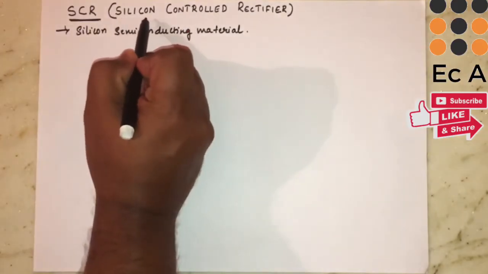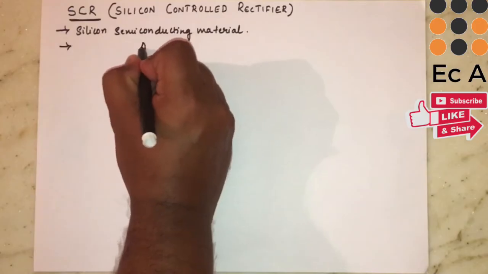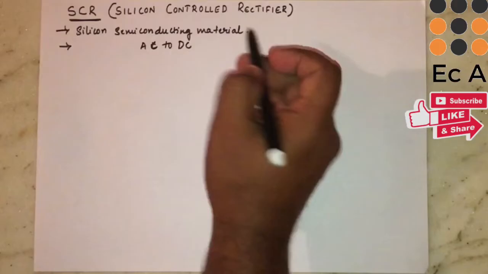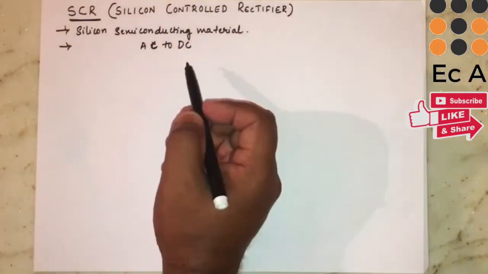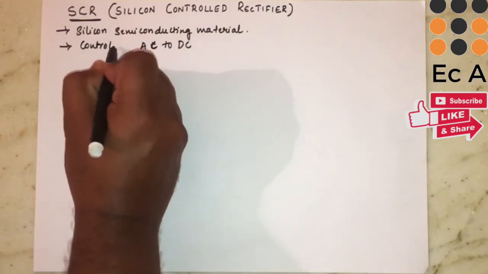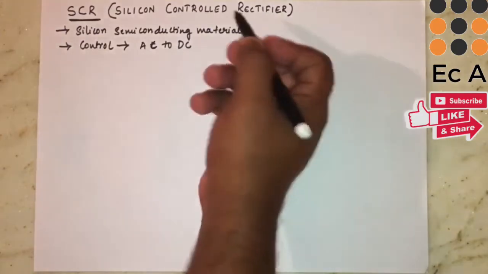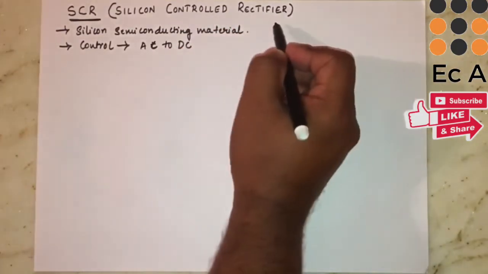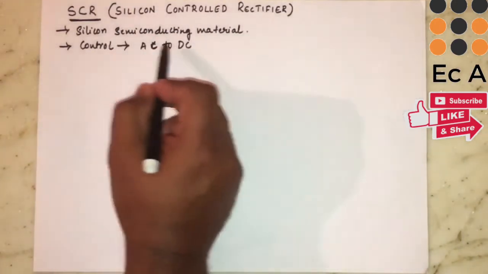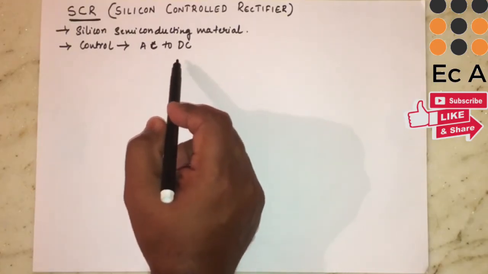It is used for AC to DC conversion, which is rectification. Since we can control how much amount of signal should be converted from AC to DC, hence the name controlled rectifier. So we call this silicon controlled rectifier due to its material as well as the ability to control the AC to DC conversion.